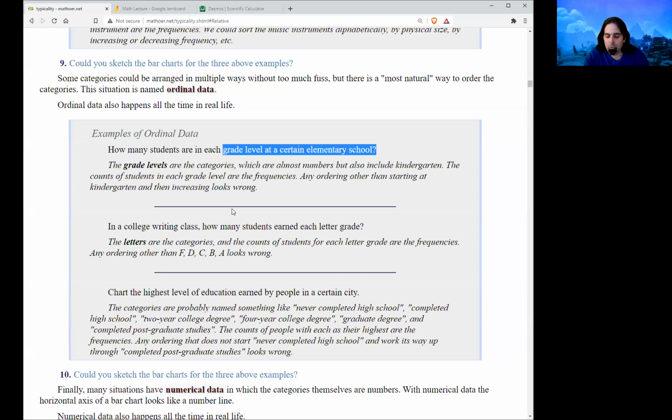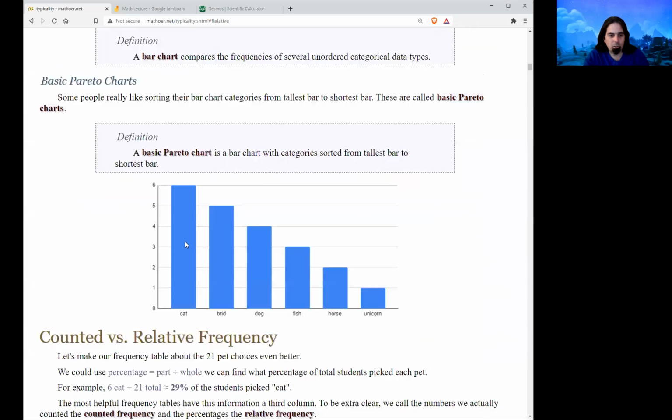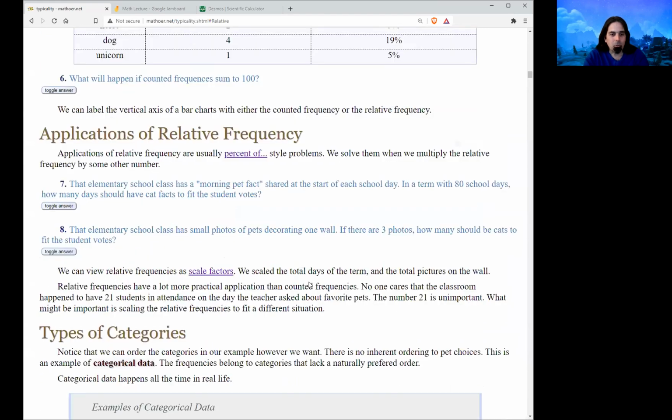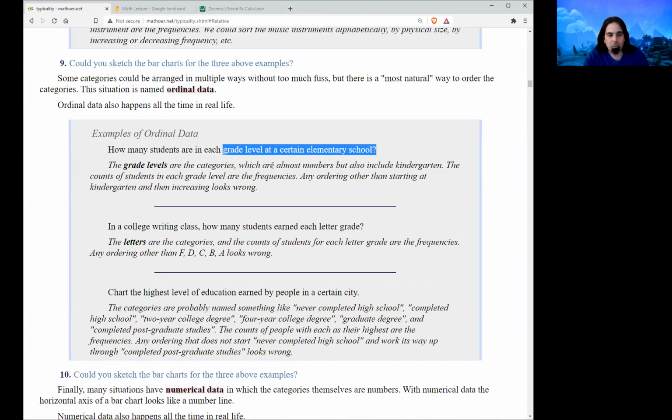If you were looking at how much they earned at a certain fundraiser, you wouldn't necessarily put them in order from K1 all the way up to 5 or 6, whatever your elementary school had. Maybe if the 4th graders earned the most money, you would put them first on the chart and order it by money. But normally when you're thinking of grade levels, there is a natural order. So we would call that ordinal data instead of categorical data.